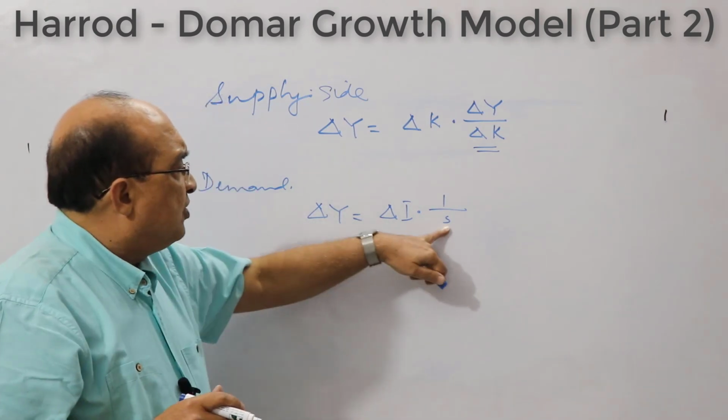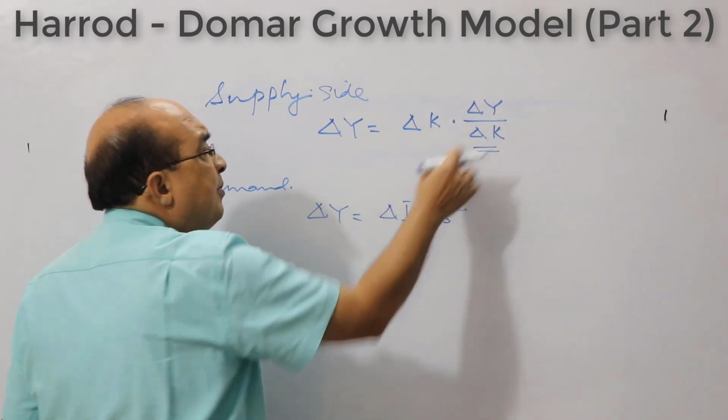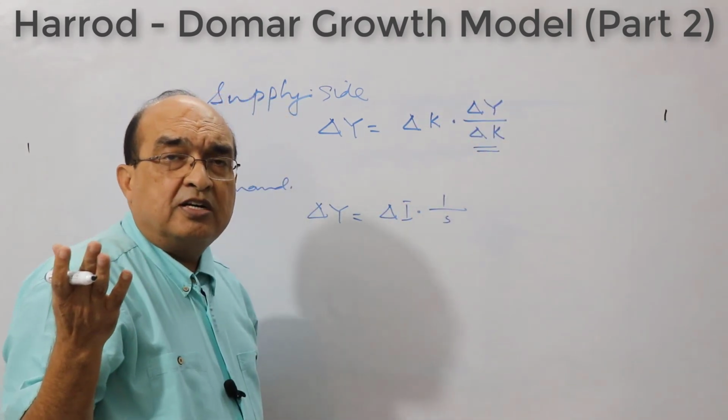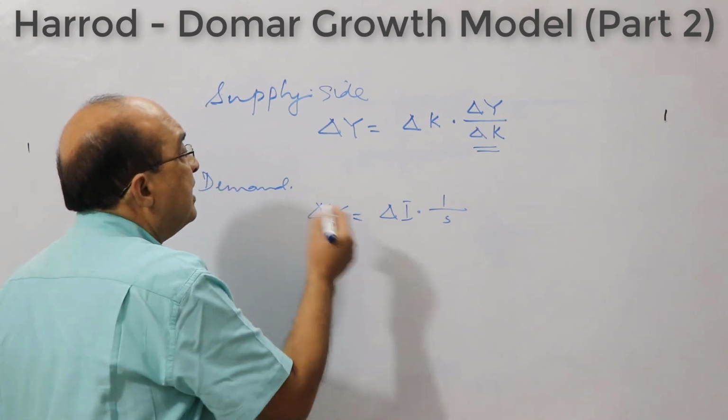Okay, so this is delta Y by delta K, by the way, the change in capital output ratio, or the incremental capital output ratio.